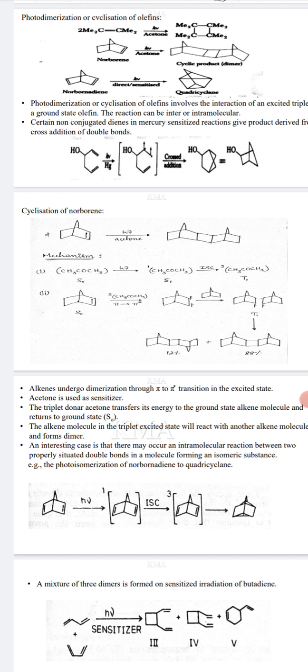Then it goes to the singlet excited state, and by intersystem crossing it forms a triplet excited state. By pi to pi star excitation, this forms a mixture of two isomers, cis and trans. Cis is a major product and trans is the minor product.